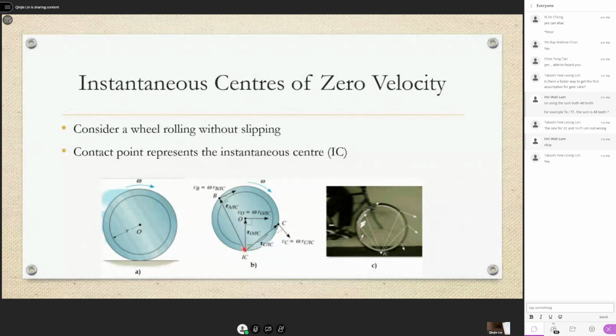If the IC is here, and you draw a line to the point of interest, let's say B, there will be a straight line connecting the two. The motion of B will be perpendicular to this line. That's why at that particular moment, B will be traveling in this manner.